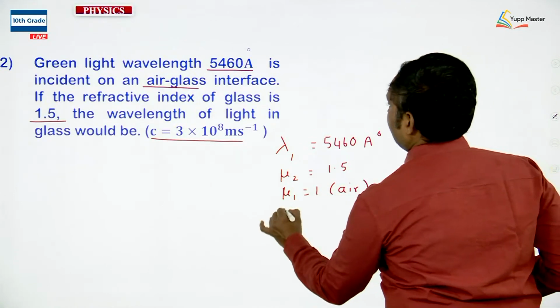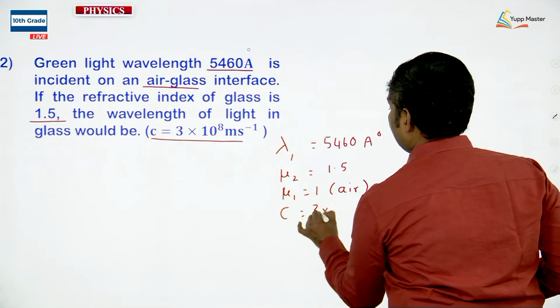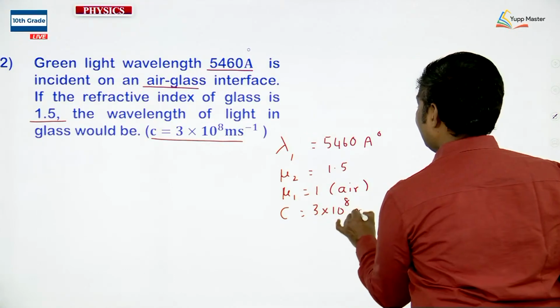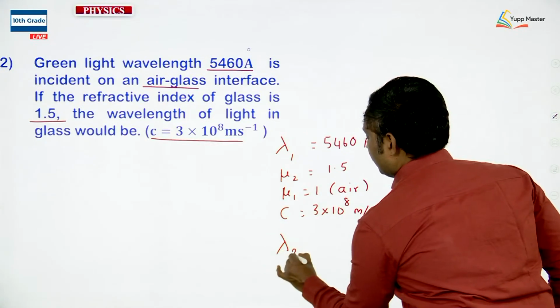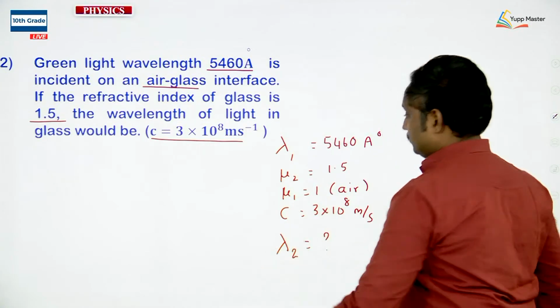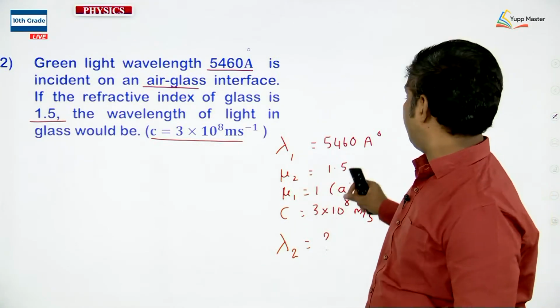They have also given the speed, 3 into 10 power 8 meter per second. But you need to calculate lambda 2, that is equal to question mark.